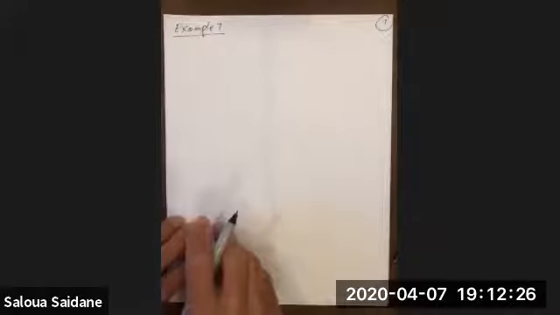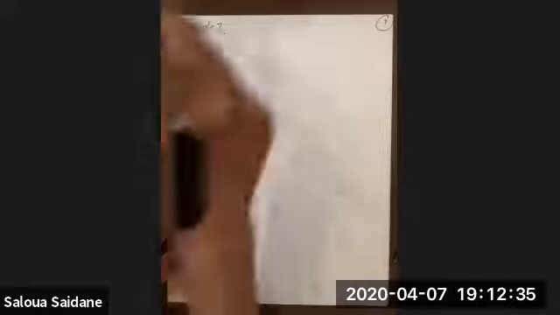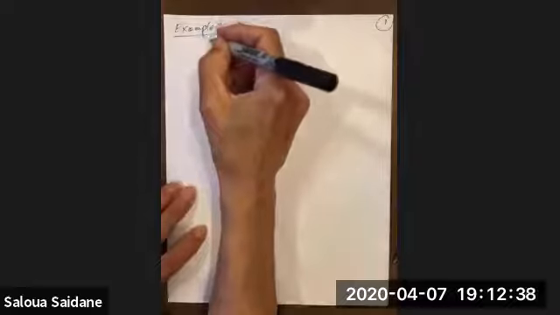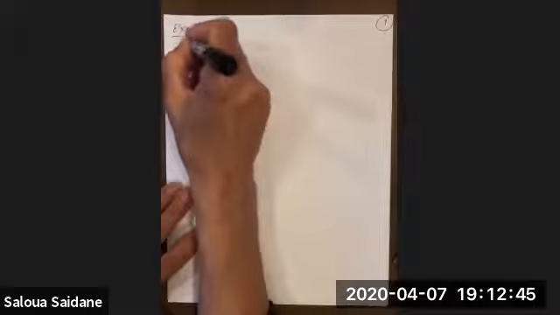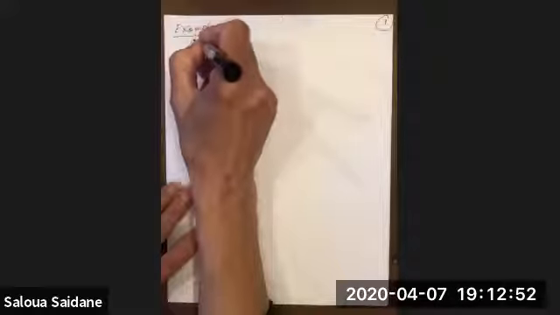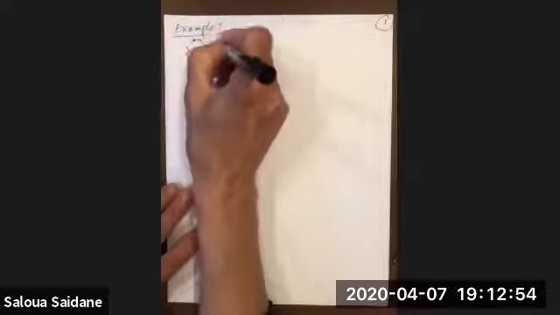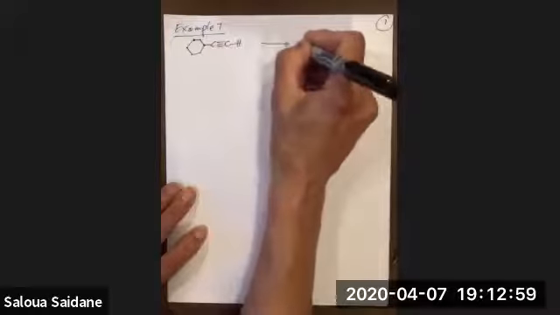So what do we have in example 7? I'm going from this to this.